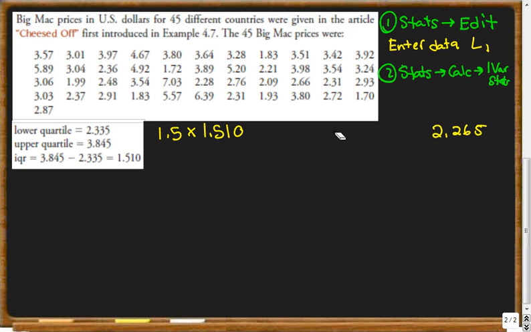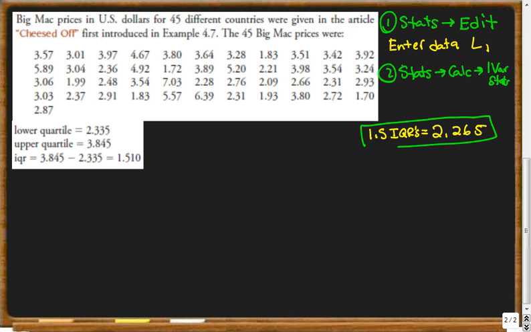So this is our magic number. So 1.5 IQRs equals this. So we're going to keep this in mind as we look at our data.